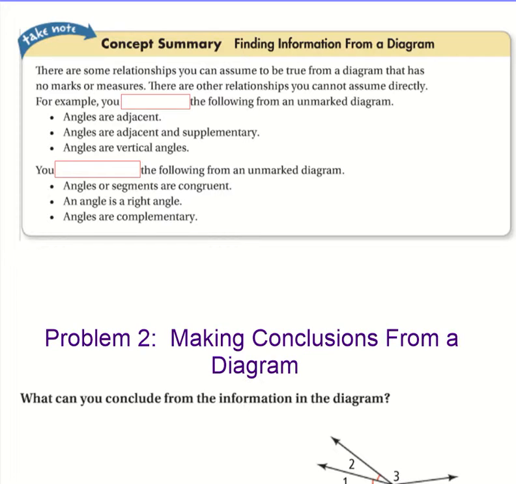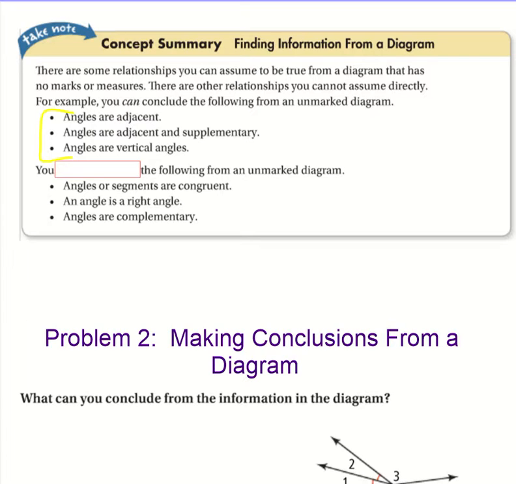Alright, and so now we have just a summary of these concepts. There are some relationships that you can assume to be true when you see a diagram. You can assume that angles are adjacent, angles are adjacent and supplementary, and angles are vertical angles.